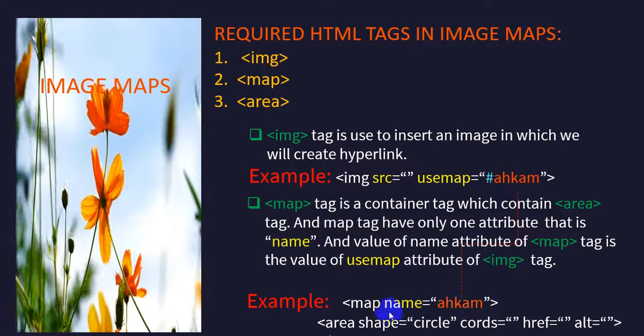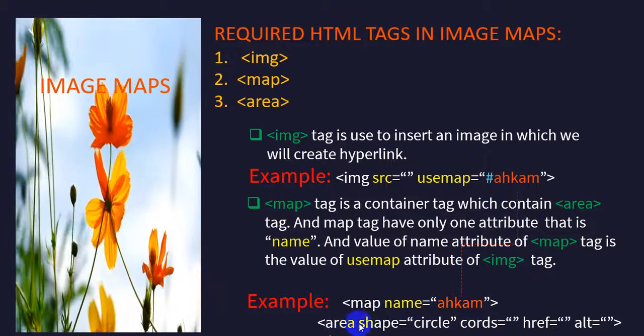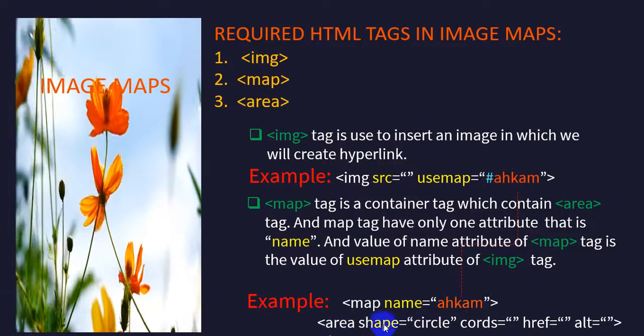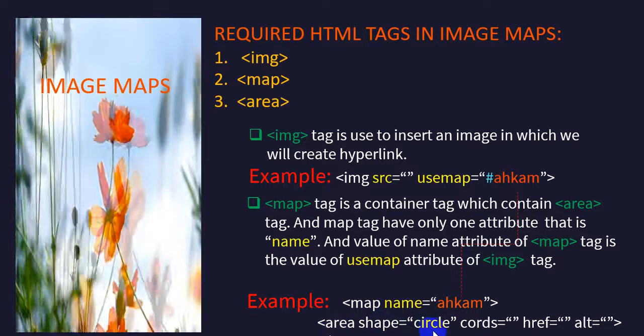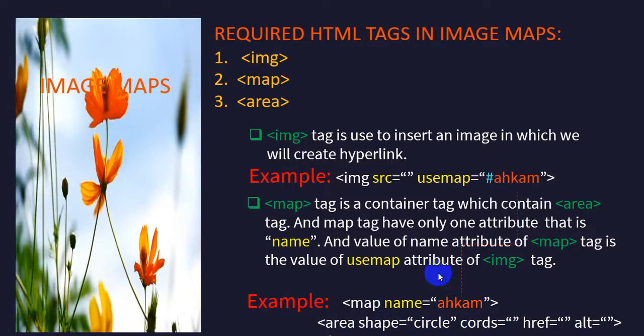After that, inside the map tag we will have different area tags. Then we have some attributes of the area tag. We will see in the next section what the shape attribute is, what the value circle is, and what the coords attribute is.